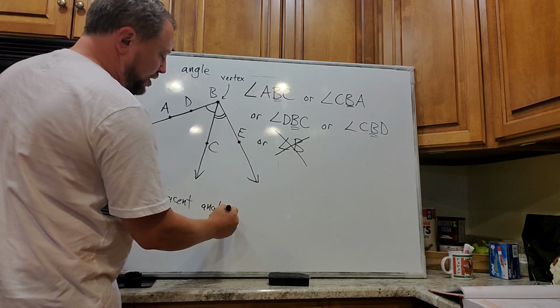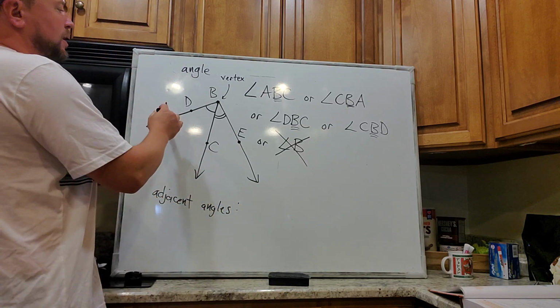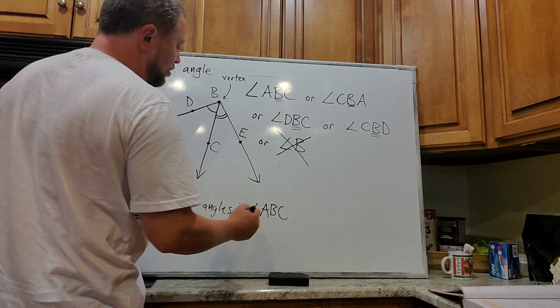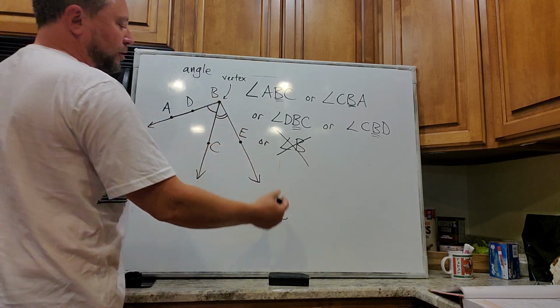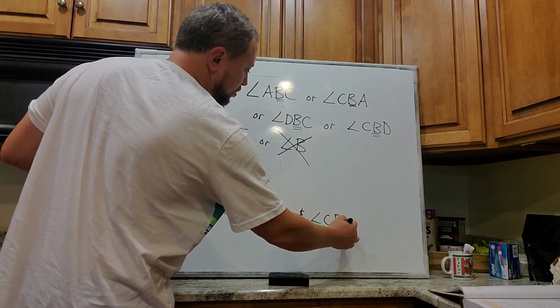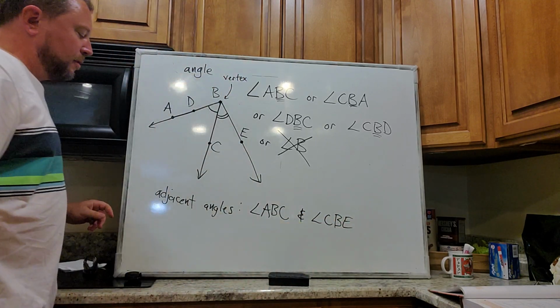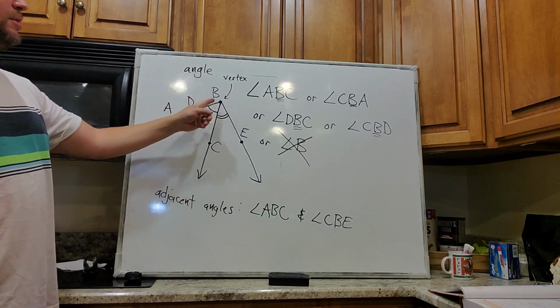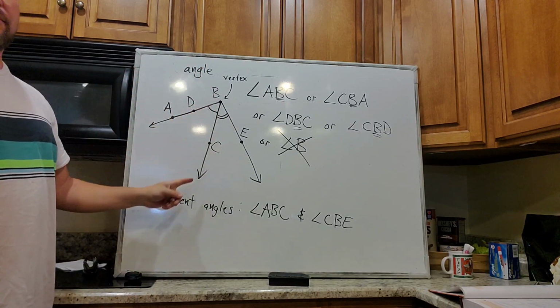So adjacent angles in this picture would be ABC and CBE. You'll notice that they share a vertex and they share a side right down the middle here too.